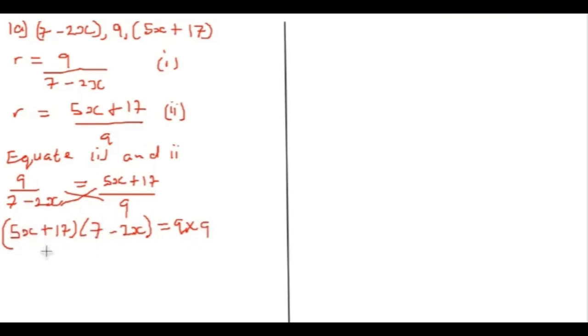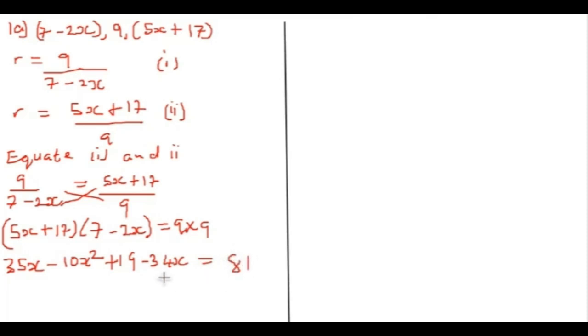So let's expand this. 5x times 7 gives us 35x. 5x times minus 2x gives us minus 10x squared. Then we'll have 17 times 7, which gives us 119. Then lastly, 17 times minus 2x gives us minus 34x.